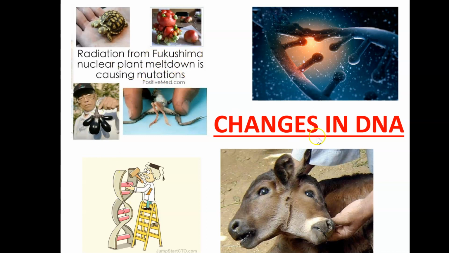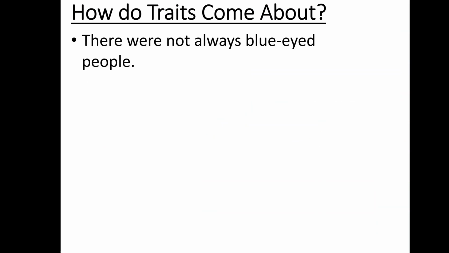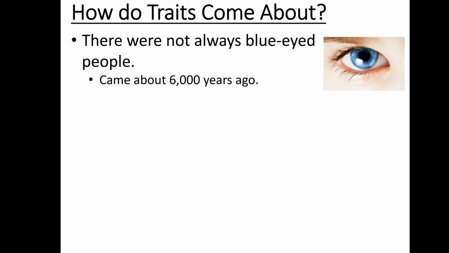So how do traits come about? For example, there were not always people that had blue eyes, and many traits that we see today in humans, for example, the fact that we walk upright, and that a lot of us are quite tall.